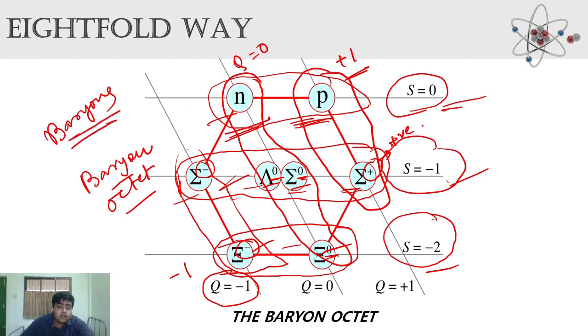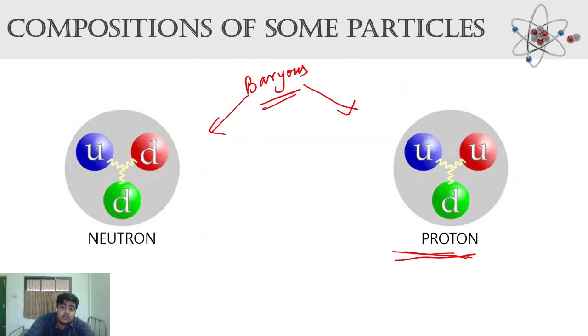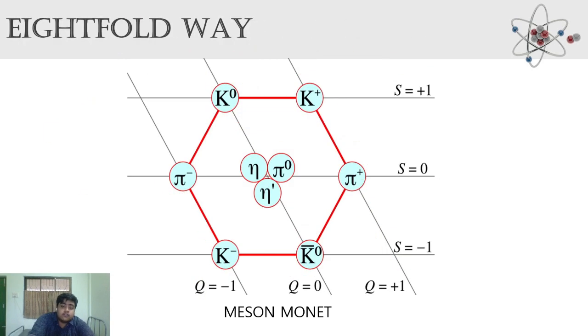Right. Now let's move on to the meson monet. Oh, I should have mentioned it there. In the meson monet, you have 9. Monet means 9, right? So we have the meson monet.